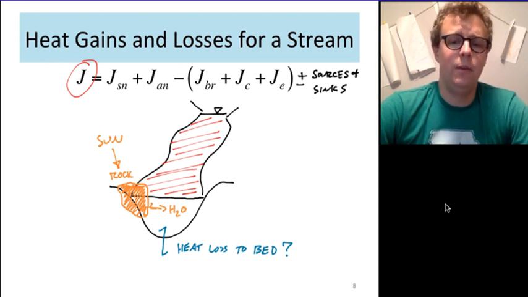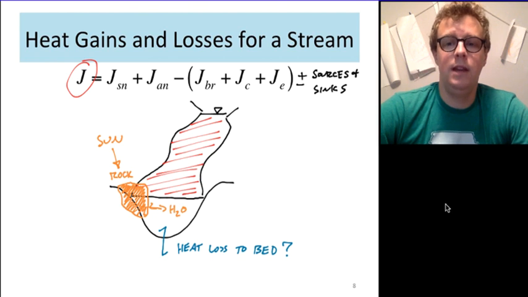So this is the first time I've ever seen that process modeled in a paper, but I pointed out here as yet another source or sink term that one could add to their heat balance if things weren't closing. So anything that you can describe as a source term or a sink term using a heat flux, again, heat per area per time, you can add into this problem.